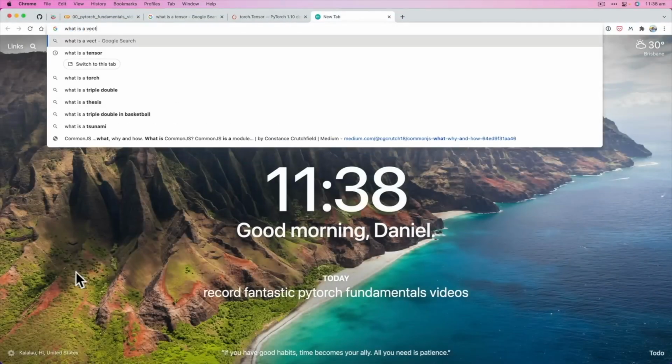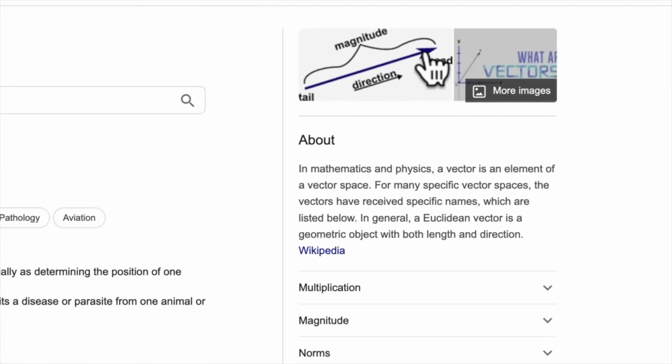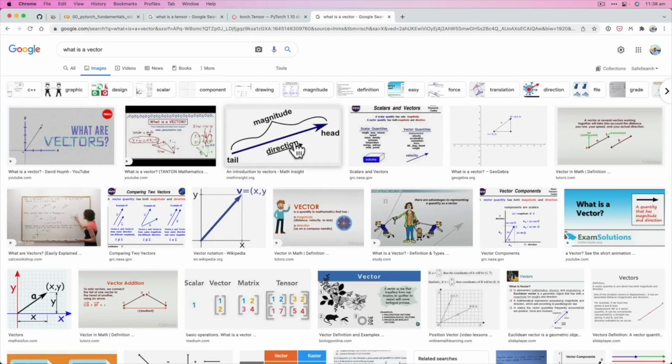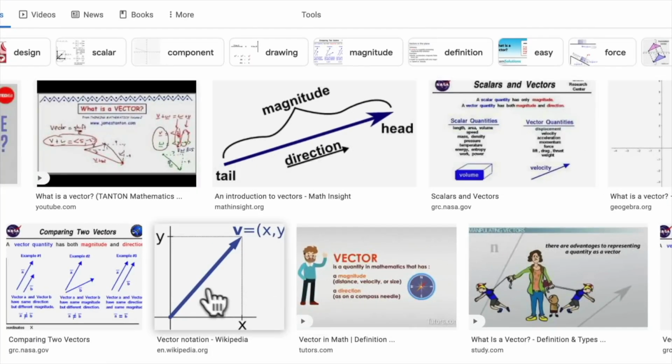And a vector usually has magnitude and direction. So what we're going to see later on is magnitude, how far it's going, and which way it's going. And if we plotted it, the magnitude would be the length here and the direction would be where it's pointing.